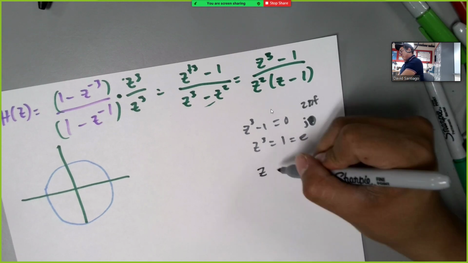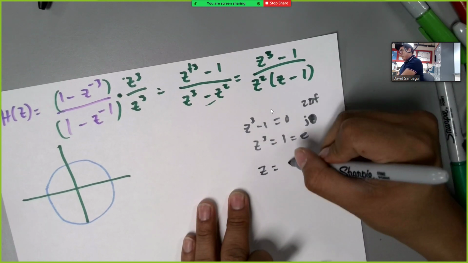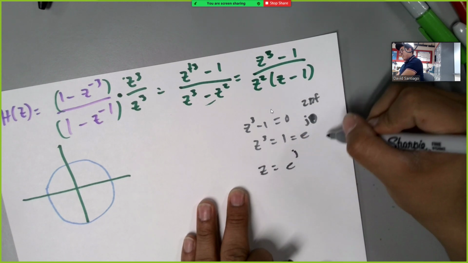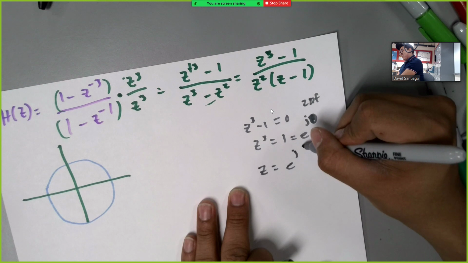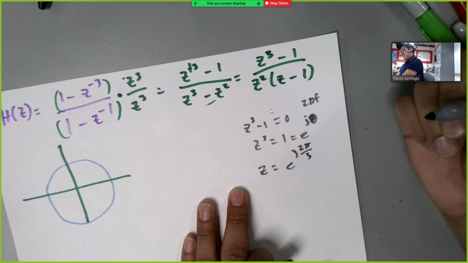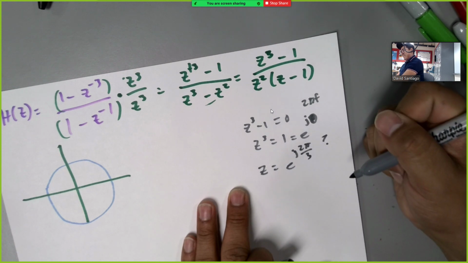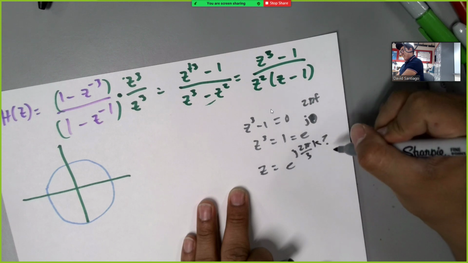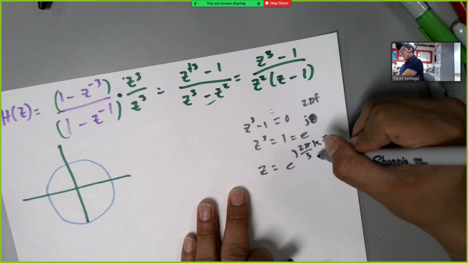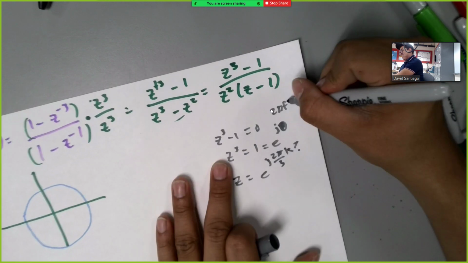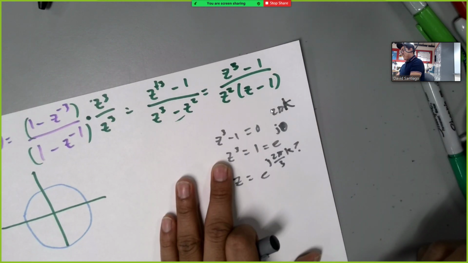Where you have to do this. z is equal to e to the j. Is it 2 pi? There's a 3 somewhere in there. K, something like that? Yes, I think this is right. Oh yeah, it is K.